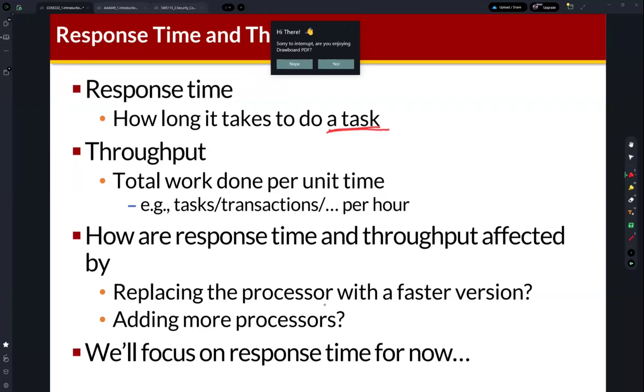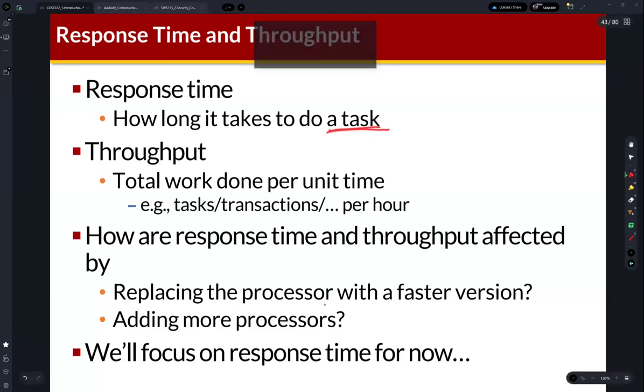The 100-meter race is a kind of task. The time gap between the start time and end time is the response time.